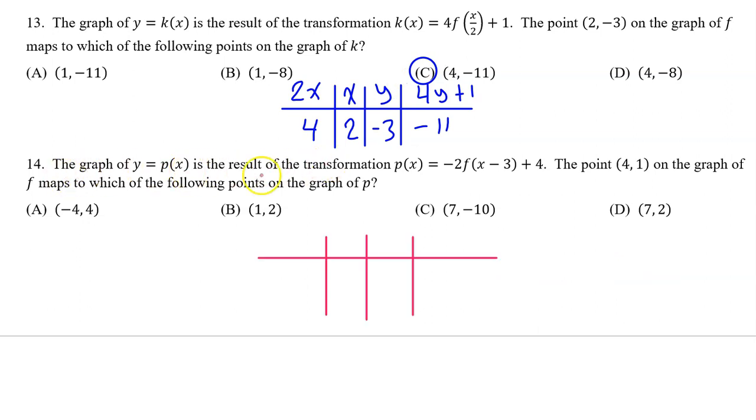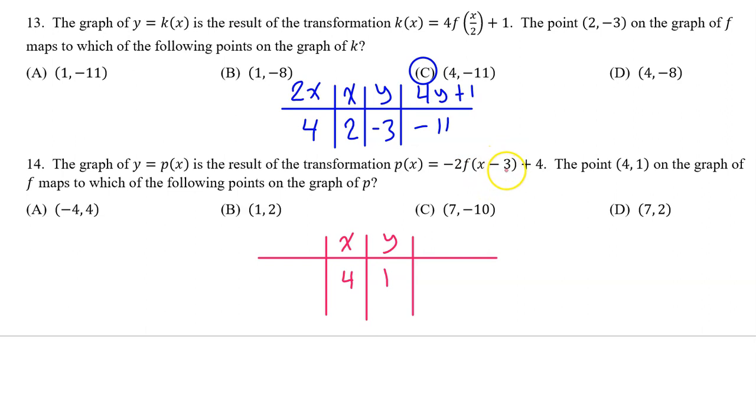Number 14 is the same type of problem, but we have a new formula for the transformed function and a new starting point. So let's record our starting point on the little chart, 4, 1. Now let's look for the transformations that will affect x values. These will occur inside the function.